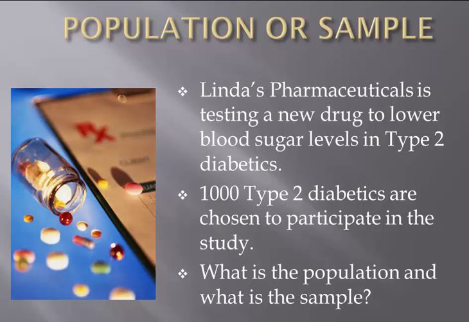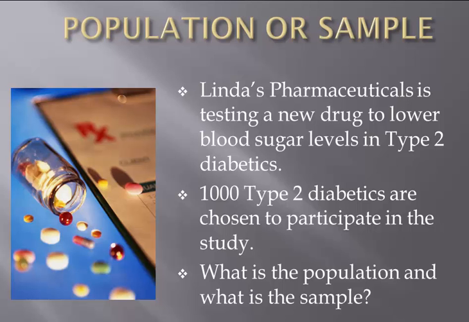So first of all, in this particular example, Linda's Pharmaceuticals is testing a new drug to lower blood sugar levels in type 2 diabetics. Now, in general, we would be trying to do an experiment.